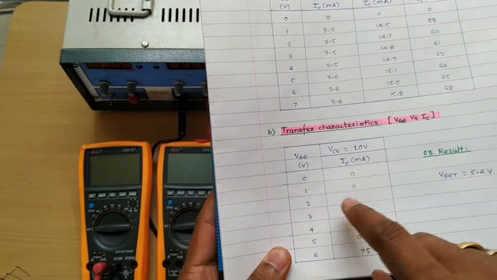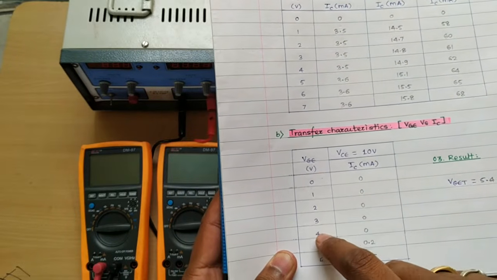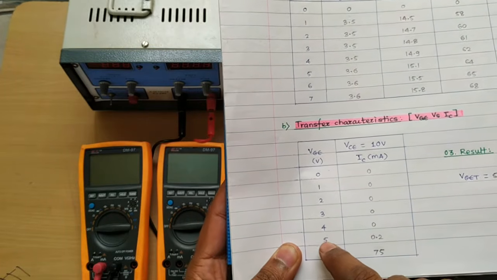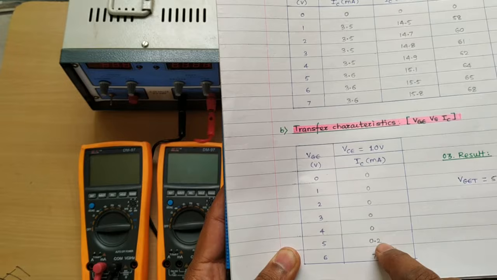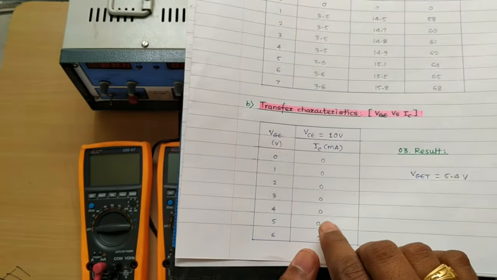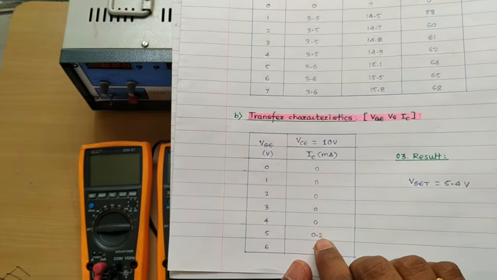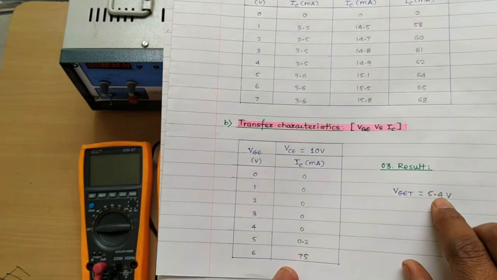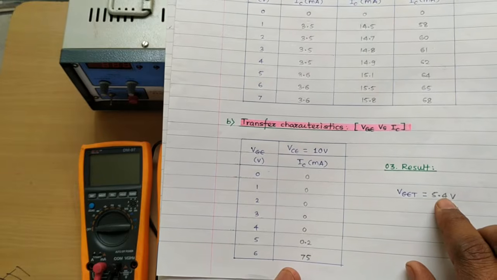So friends, here you can see we have noted the readings. Initially, when your voltage is increasing up to 4 volt, your current is 0. When you reach 5 volt, your device is about to turn on, but still you are getting very little current, which is your leakage current. When your device reaches 5.4 volt, your current suddenly starts to rise.